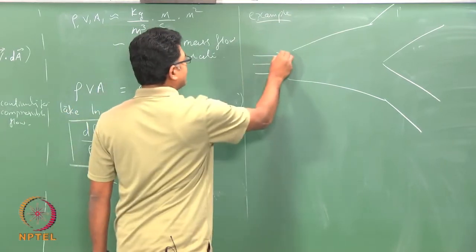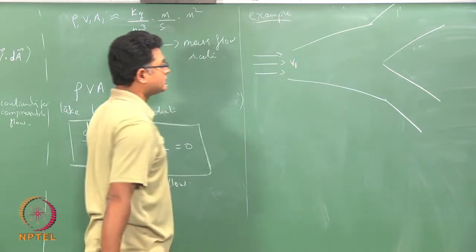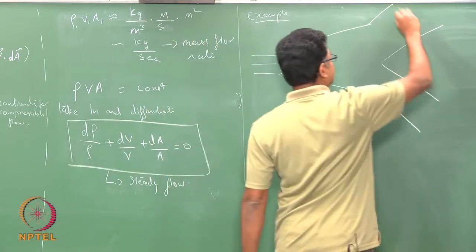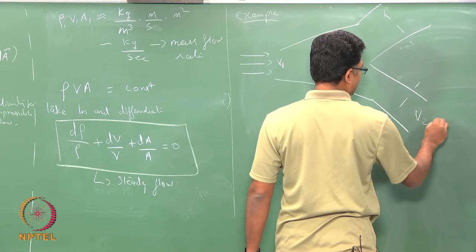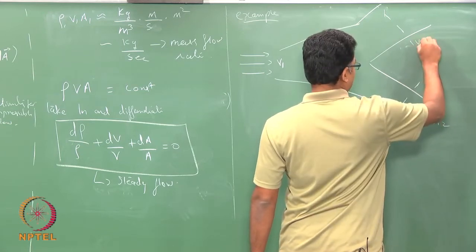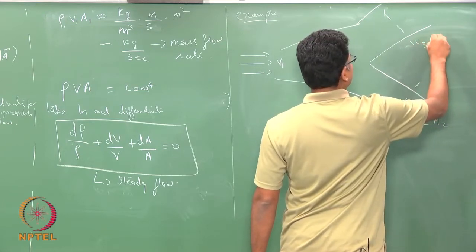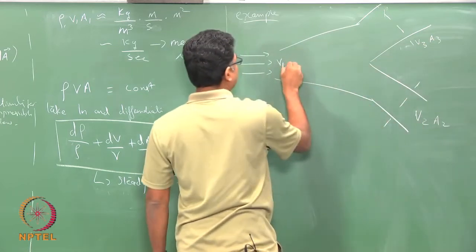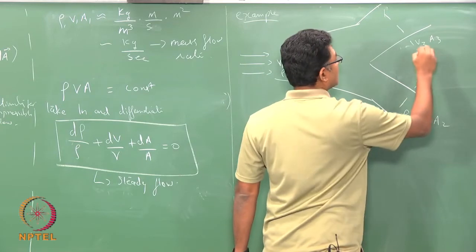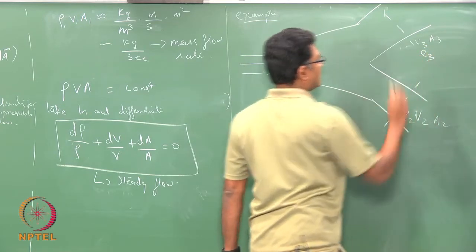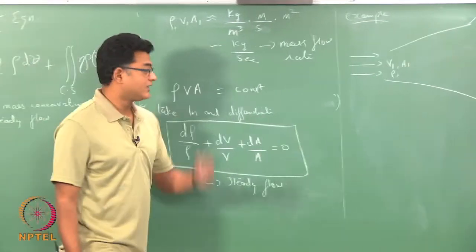There is a flow that is coming in and there are 2 ways in which the flow is taking a deviation.